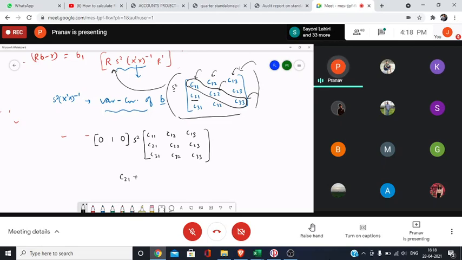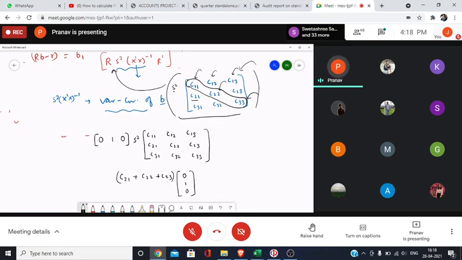first row, second column, C12 times 0 which is 0, C22 times 1 C22, C32 times 0 which is 0. So it will be C22. Again, by the same analogy, only C23 term will be there. Now it gets post multiplied by R transpose.